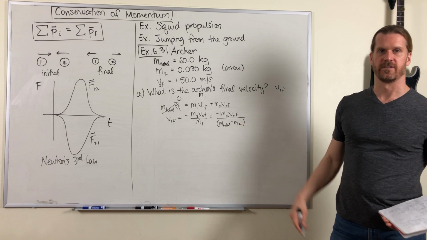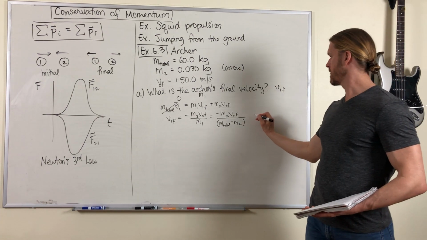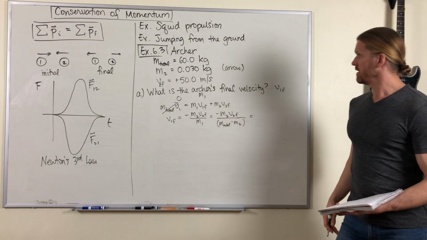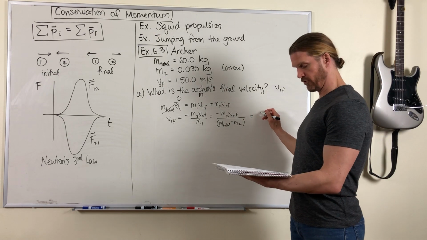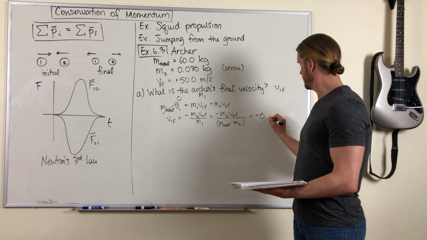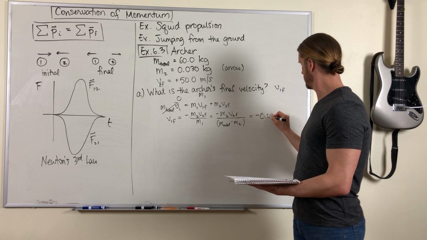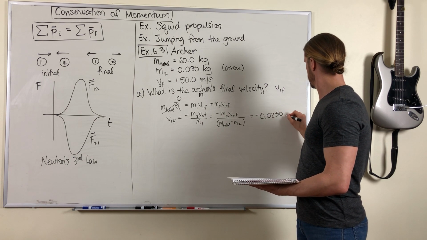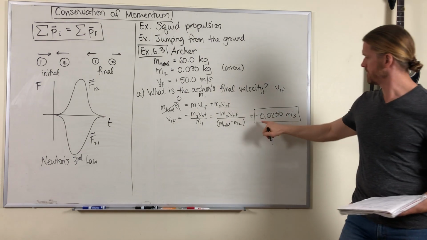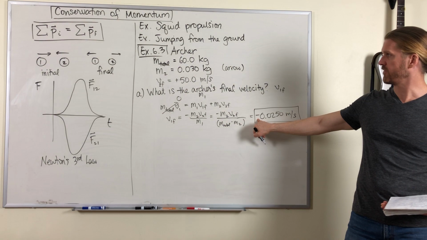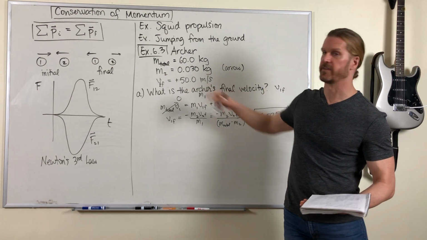That's to account for the arrow that just flew away. And when you put in all these numbers, the archer is now moving backwards, moving in the opposite direction that the arrow is moving in.